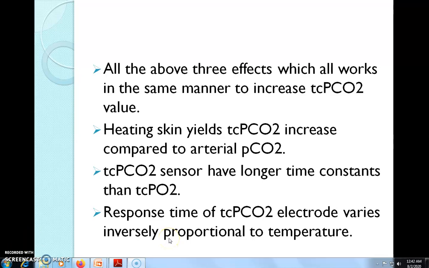Transcutaneous PCO2 sensors have longer time constants than TCPO2 sensors. The response time of a TCPCO2 electrode varies inversely with temperature. Measurement of the sensor response time with step increases in the inspired CO2 gives longer time constants.